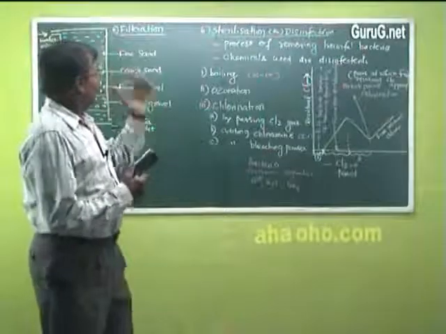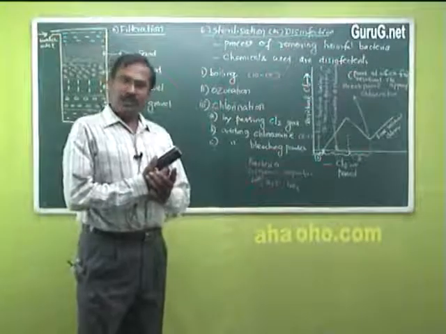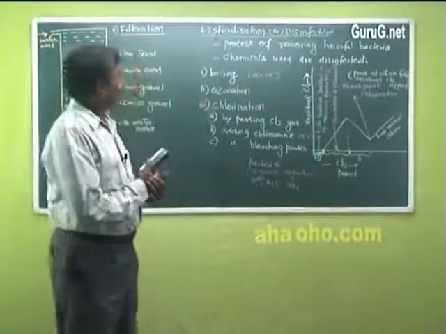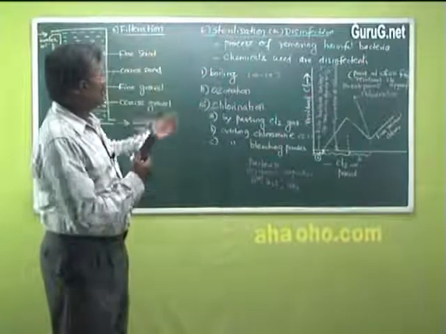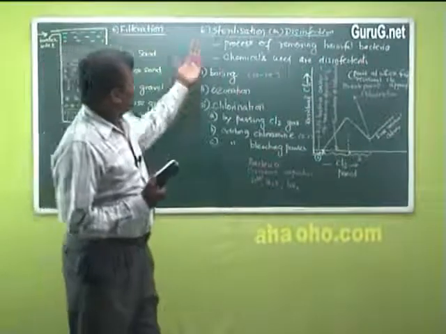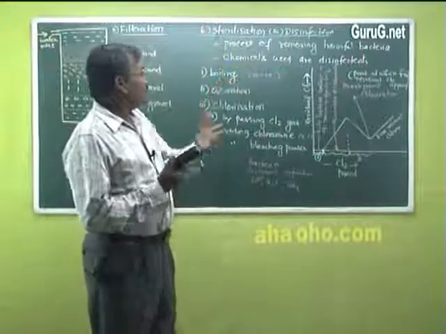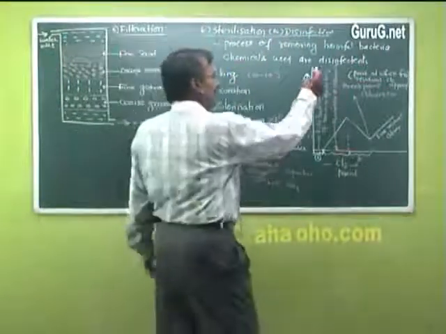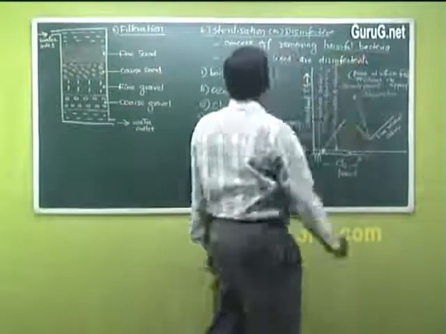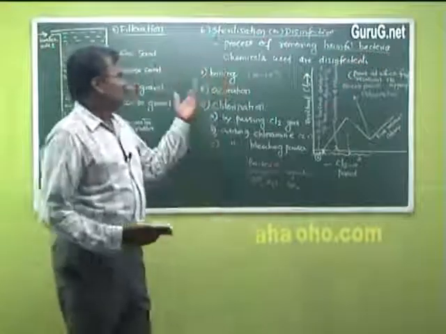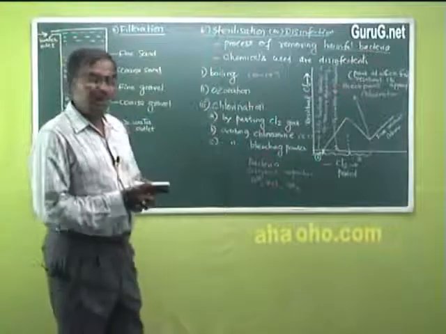The sixth step in the treatment of water for domestic water supply is sterilization, also called disinfection. It's a very simple process of removing harmful bacteria. Why am I specifying the term harmful?